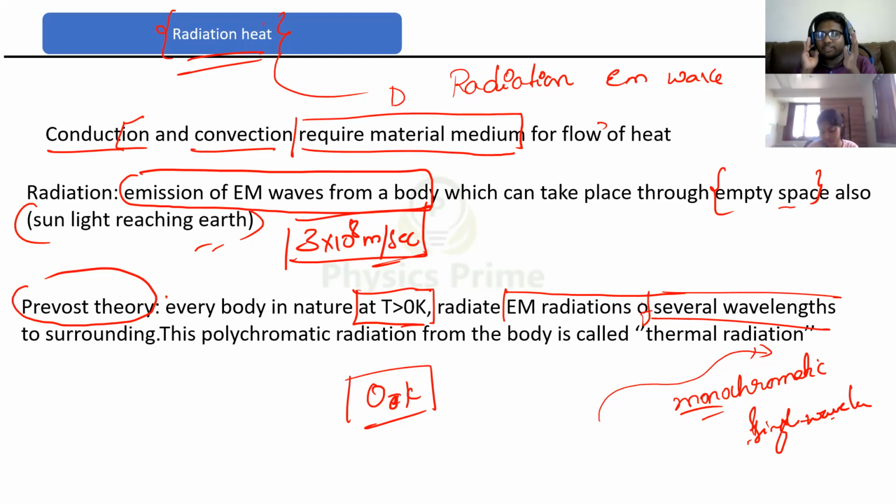But questions have been asked on this. For a particular temperature, a particular wavelength will be more generated. For a given time, a 100 degrees body will radiate heat in many wavelengths, but one particular wavelength will have a higher number of waves coming out from that body.